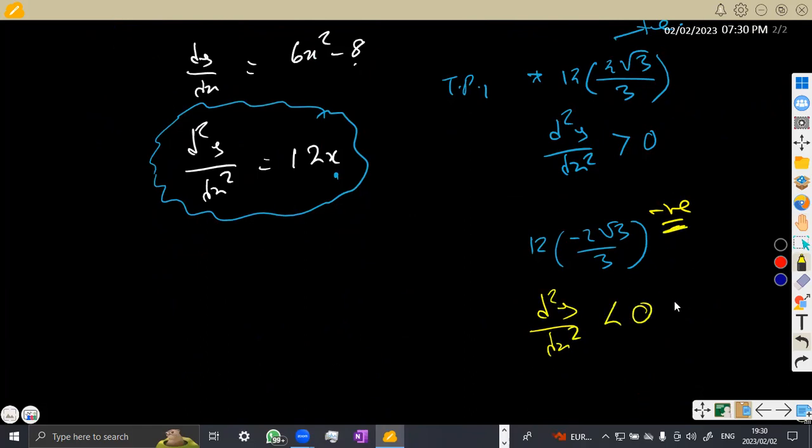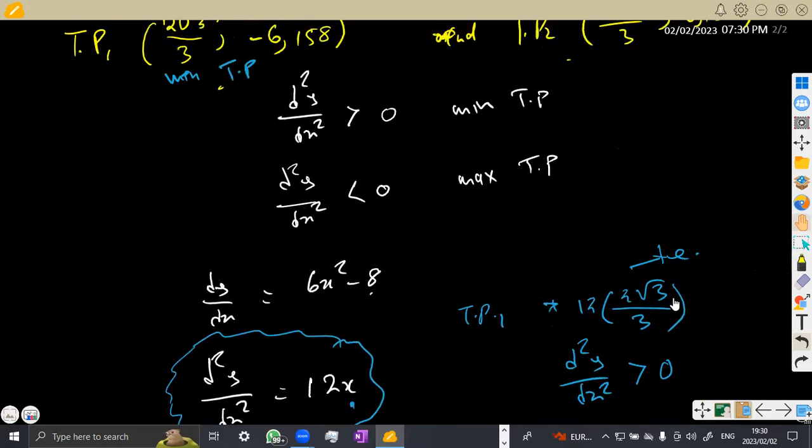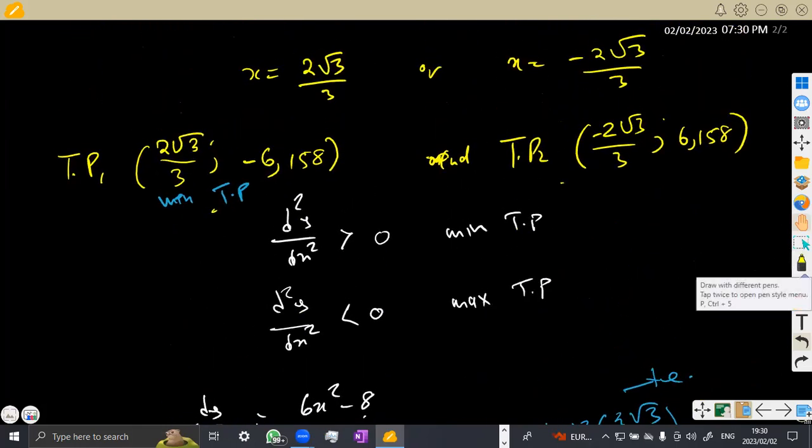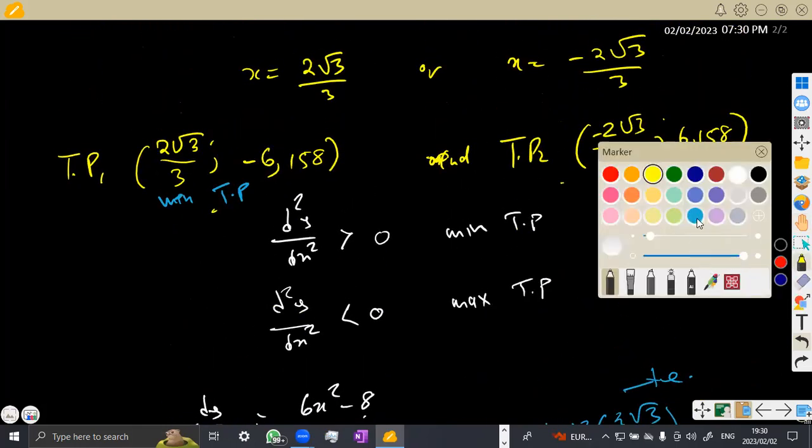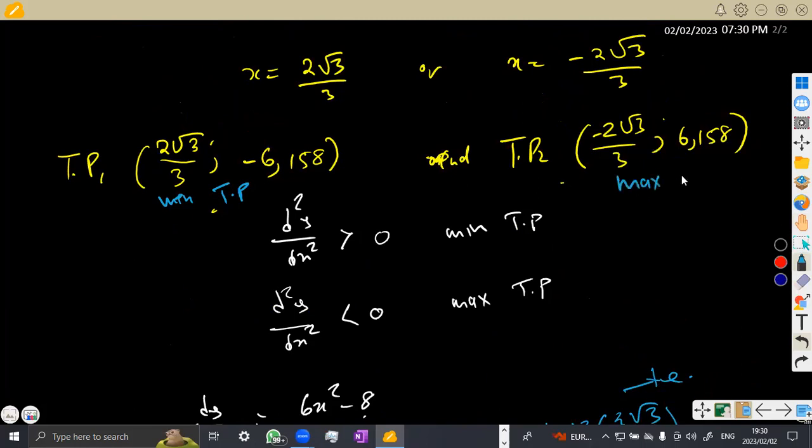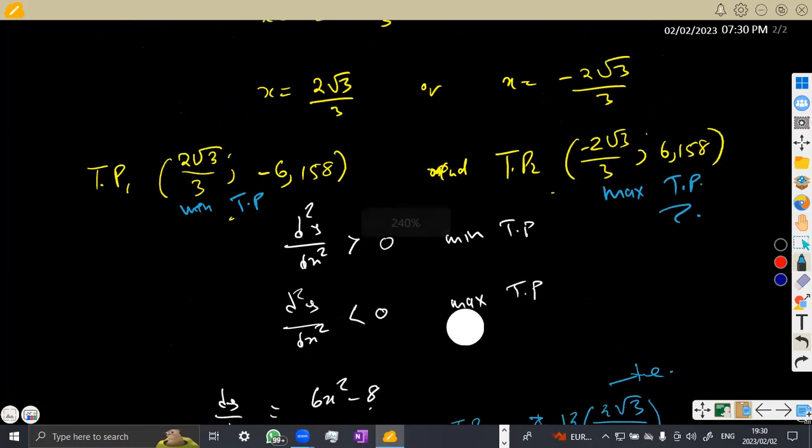And if it is a negative like this, that means it's a maximum turning point. So here we are going to conclude that the second turning point is a maximum turning point, we saw that the second derivative with respect to x was actually less than 0. So that is to prove that it's a maximum turning point.